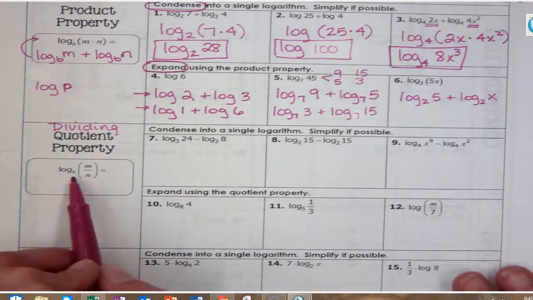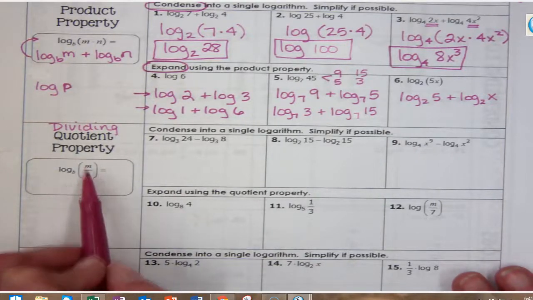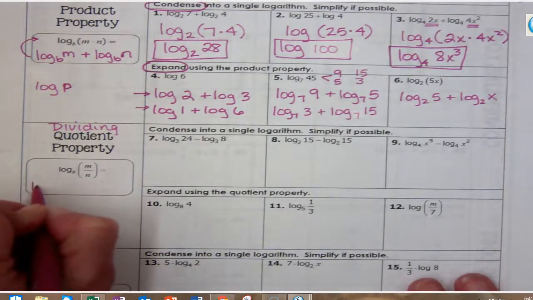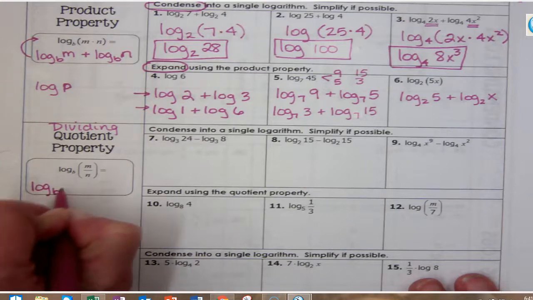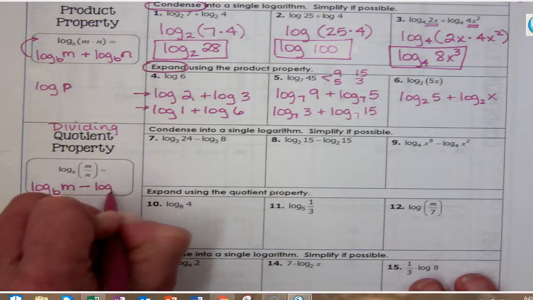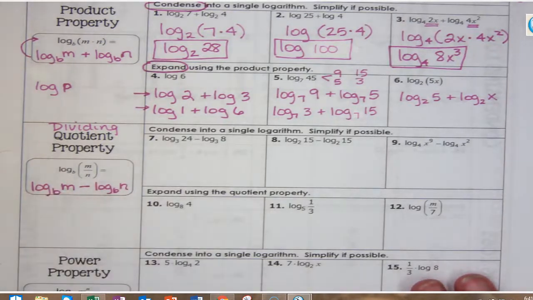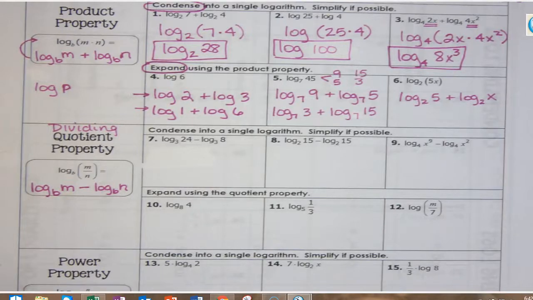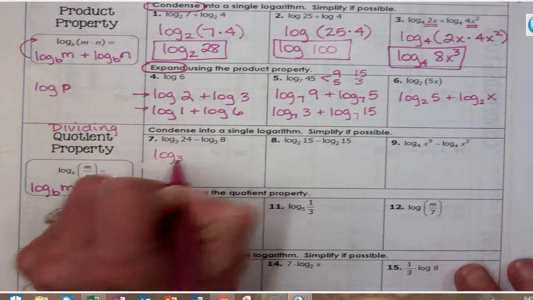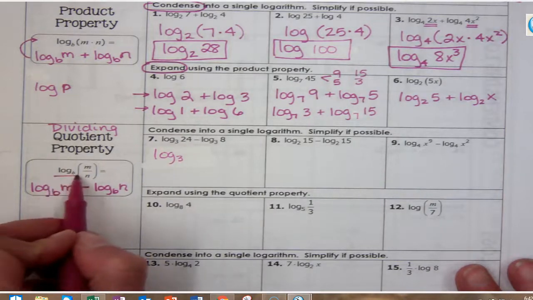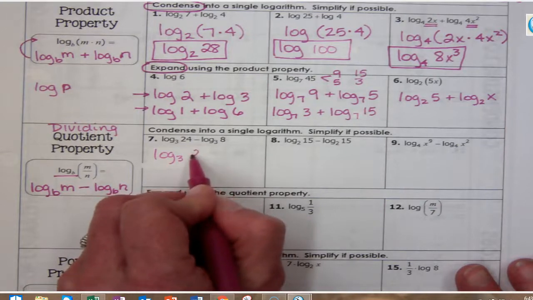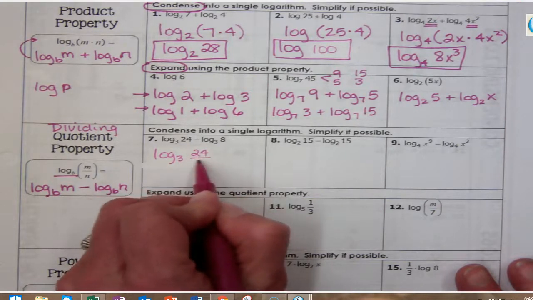So if I've got log of the base of m divided by n, that's going to be log base m minus log base n. So at this point, you're going to take your log base 3, and then 24 divided by 8.